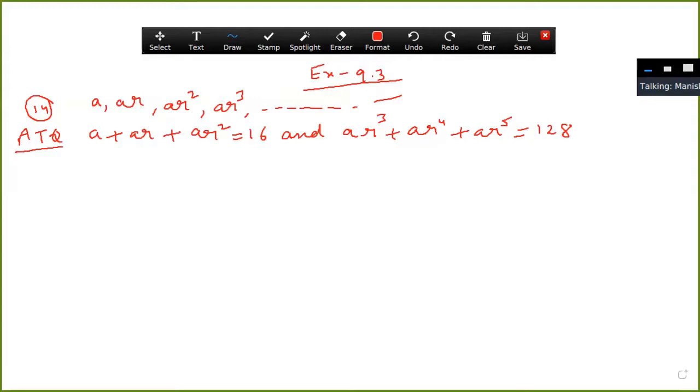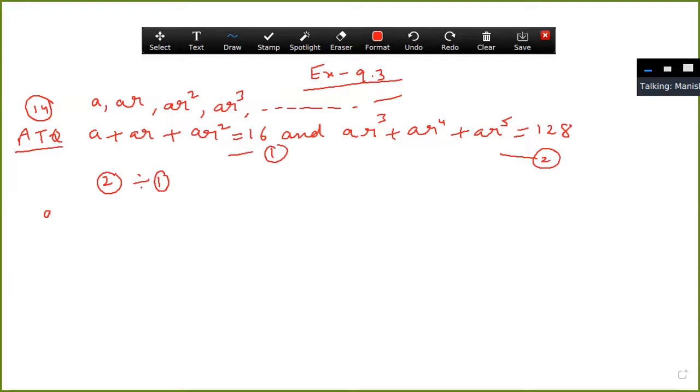I have told you in previous lectures also, in 10th class we normally add or subtract the equations, but now in class 11th we have started to divide the equations and solve them. This is the second equation, and this is equation number first. Divide the second equation by the first equation. What you will get?